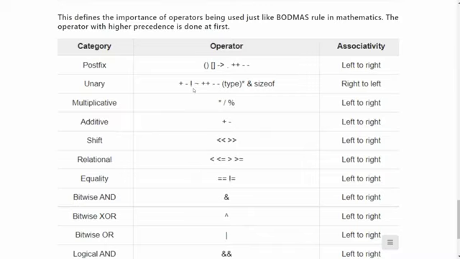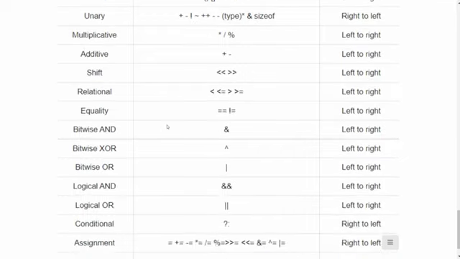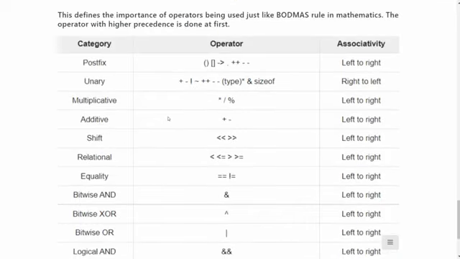So I would like you to go through this chart. It's very important to have an understanding of it. It tells us about the precedence of operators, that is, how important an operator is compared to the next operator.